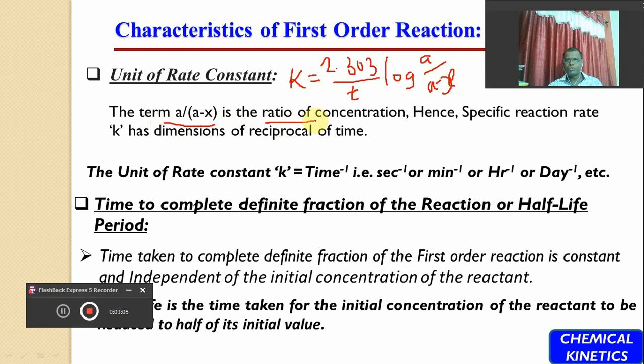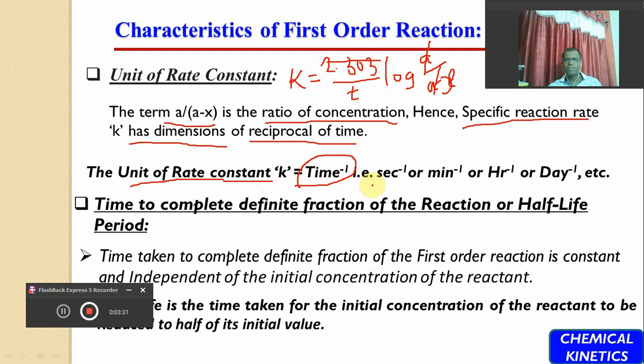In this equation, the term a upon a minus x is the ratio of concentrations, so it is the ratio of the same terms, and definitely concentration divided by concentration will get cancelled, and 2.303 is a constant value. Hence the specific reaction rate or the velocity constant k has dimensions of only the reciprocal of time. That's why the unit of rate constant for the first order reaction is in the form of reciprocal of time.